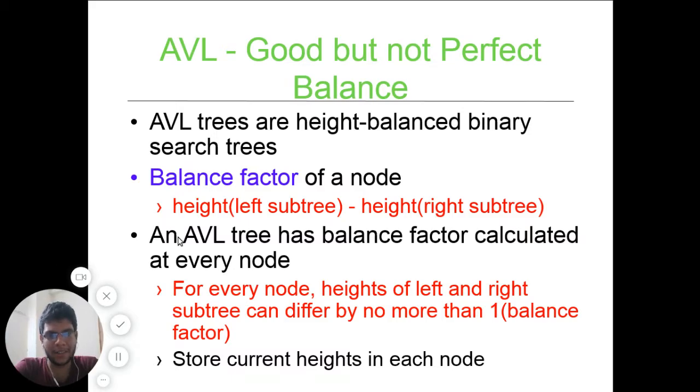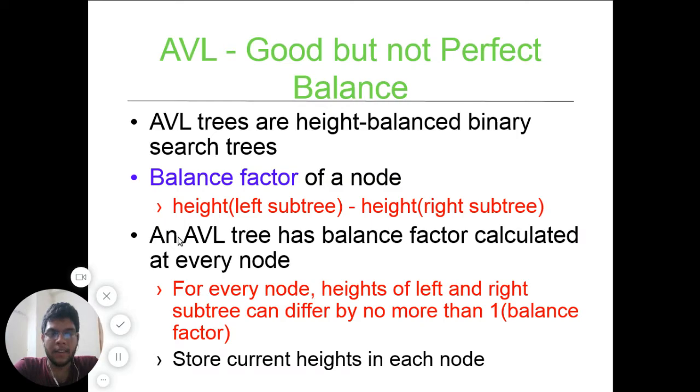We haven't defined any such property, so here's the property. An AVL tree has balance factor calculated at every node. Every node of the tree has a field in it named balance factor, and for every node, the heights of the left and right subtree can differ by no more than 1.